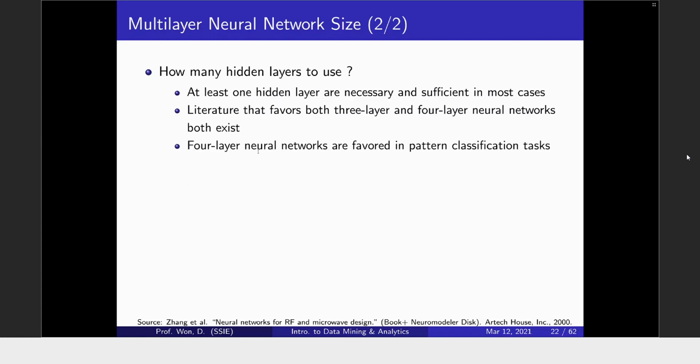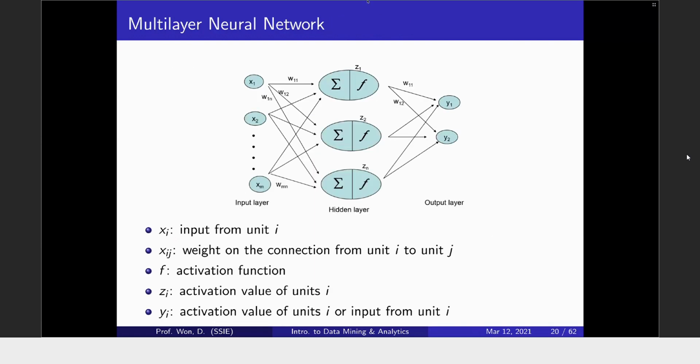Okay, then one list actually, for example, we need at least one hidden layer, but sometimes we can add multiple hidden layers like this, and also connect like this.